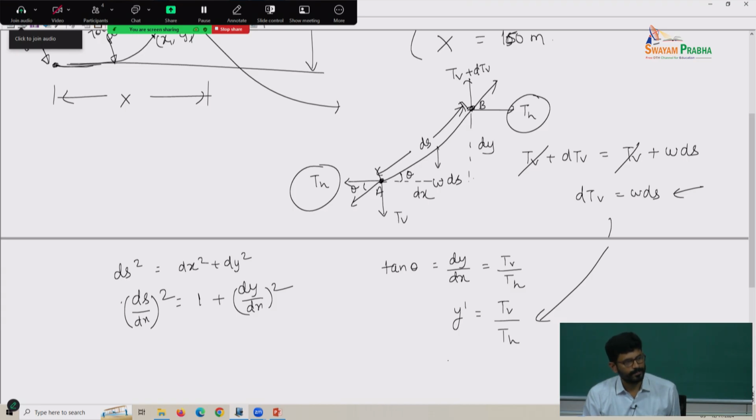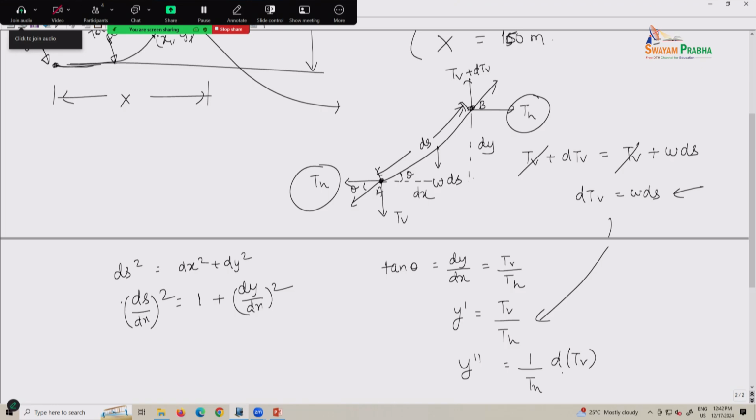Y double dash, right? Correct or not? Here this Th is constant, do you agree? Because the Th here is equivalent to Th here also, right? Correct sir? So I can write it as dTv by dx.